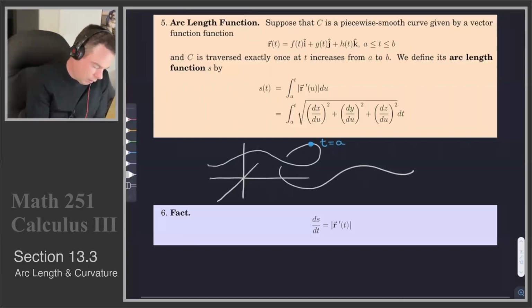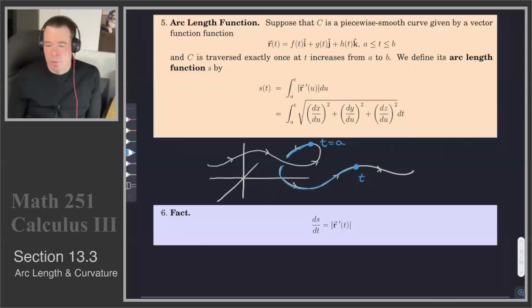And we'll imagine that this is the direction that the curve is being traced out as t increases. Then the arc length function just says, starting at t equals a, figure out how long the curve is out to an arbitrary value of your parameter t.